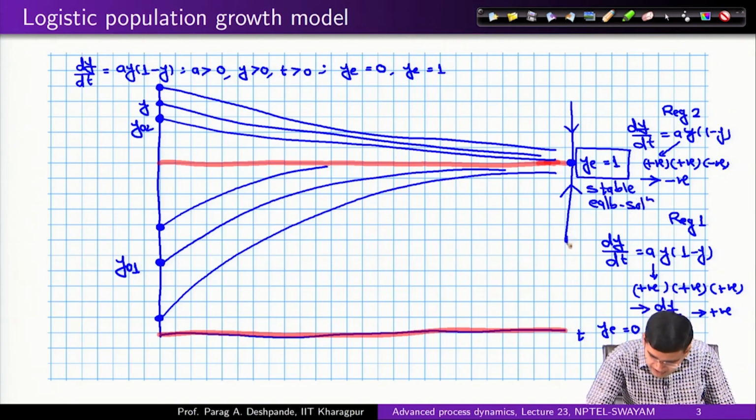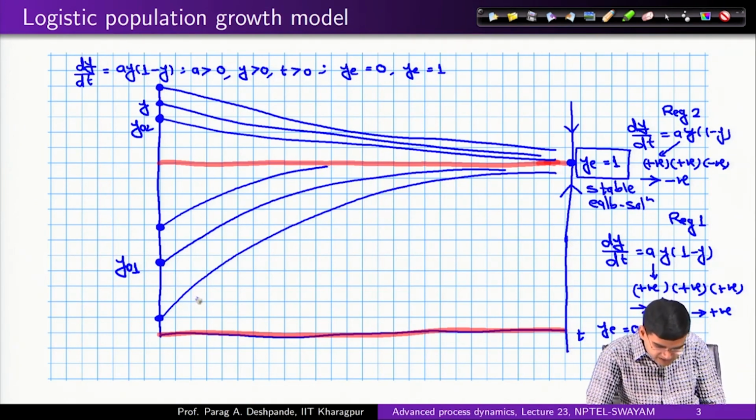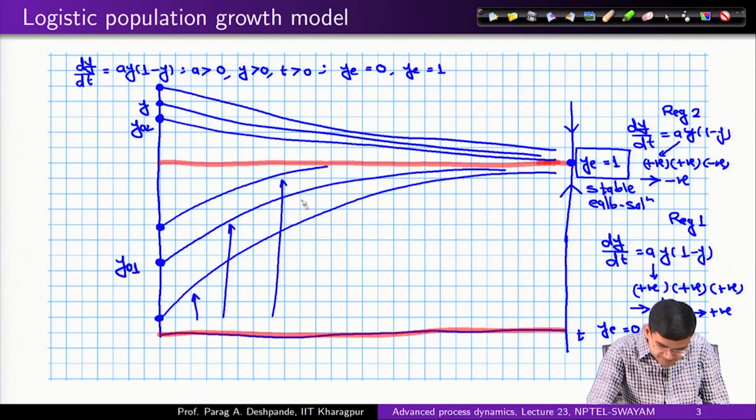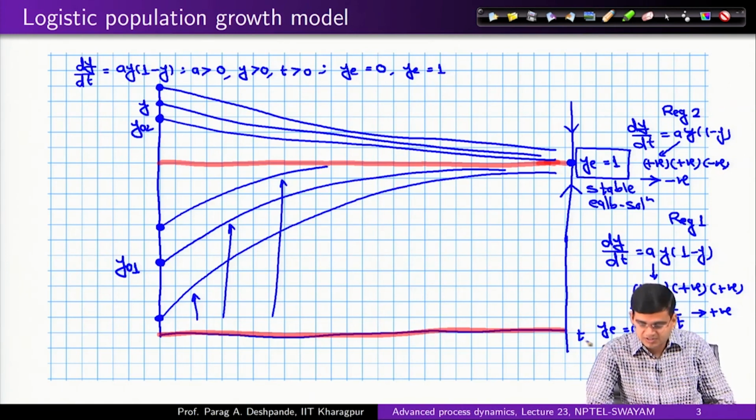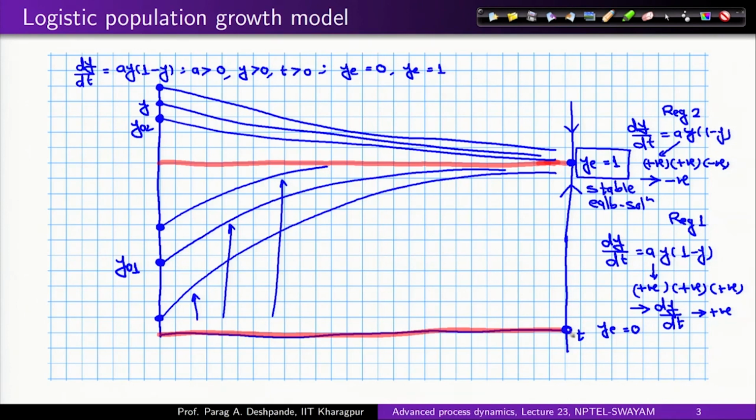Okay. And then I can extend this. I see that from here in this region everything is moving away from y is equal to 0. So, therefore, here the arrows would be pointing outward and this one would be an unstable equilibrium solution. Okay. Physically, all of these things make sense.